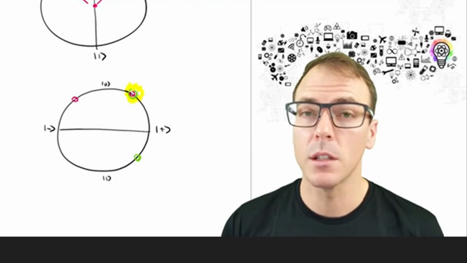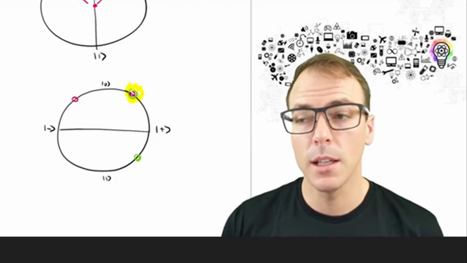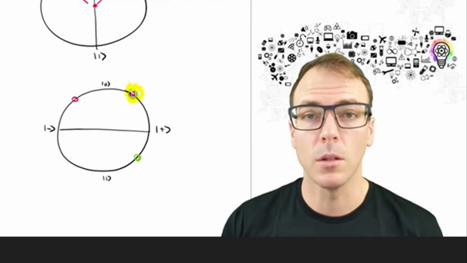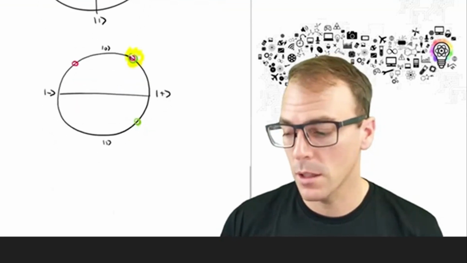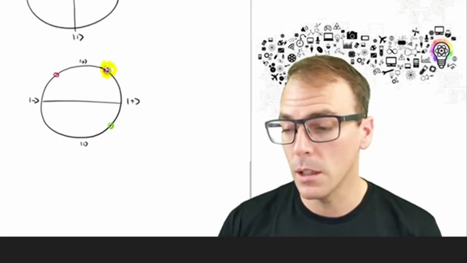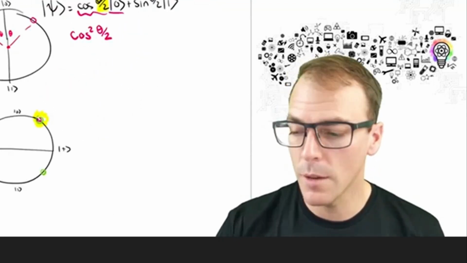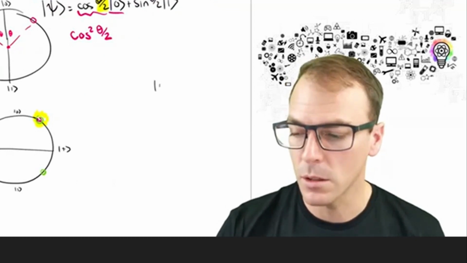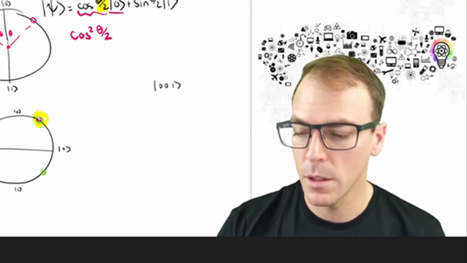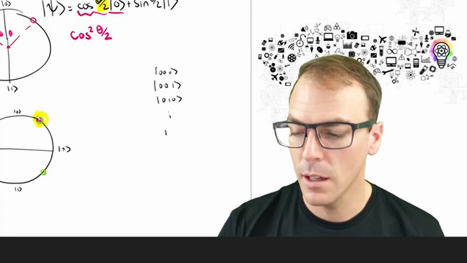So you can clone classical information. Classical information is any basis. The most obvious one would be the computational basis. If I have 3 qubits, then I have these 8 different states, all the way down to 1.